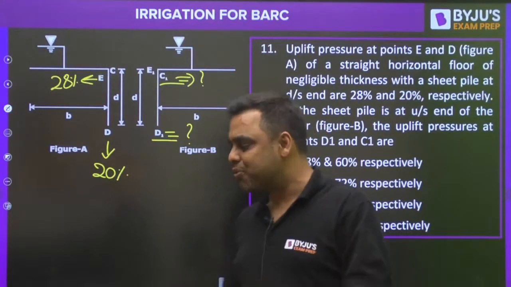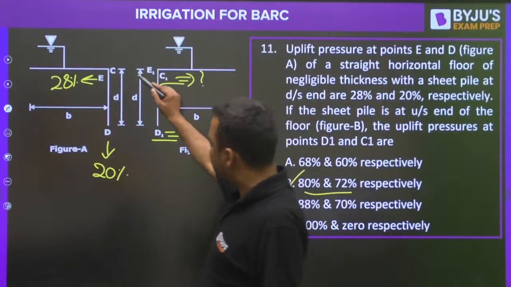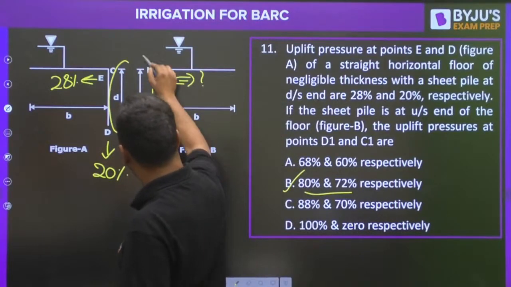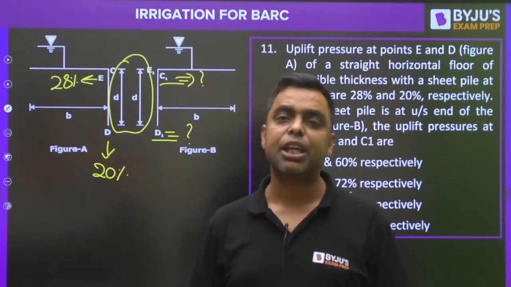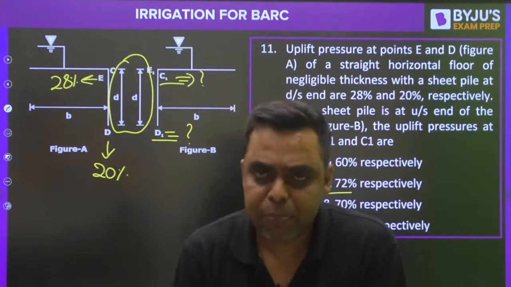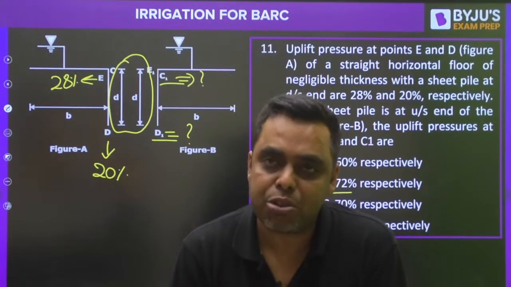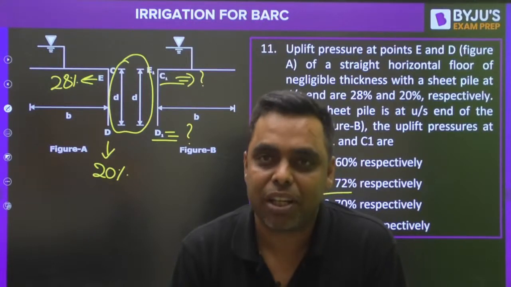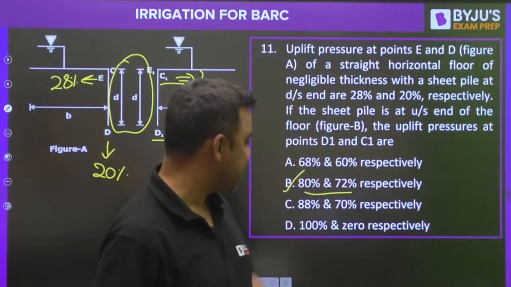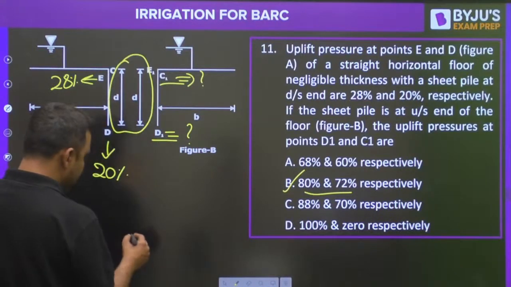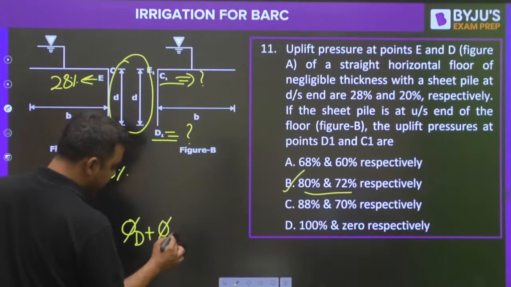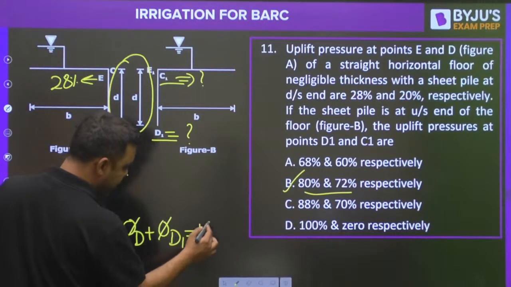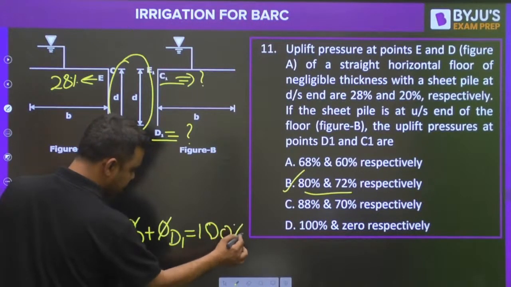See, the logic is very simple. As you can observe over here, the depth of the upstream sheet pile and the downstream sheet pile are both equal. In such a case, phi D plus phi D1 will be equal to 100%.